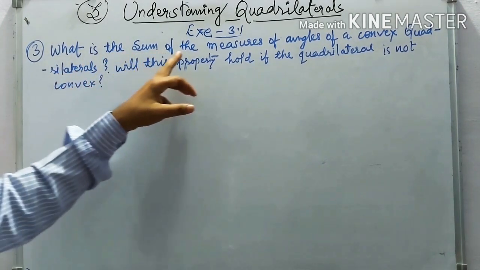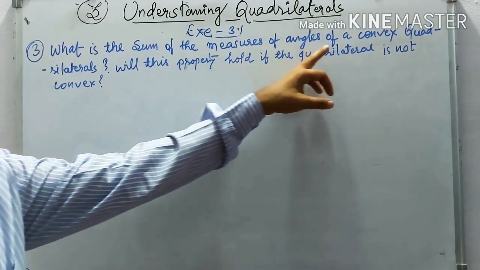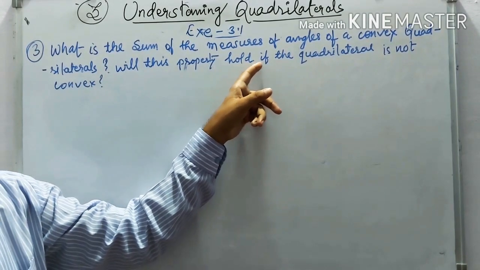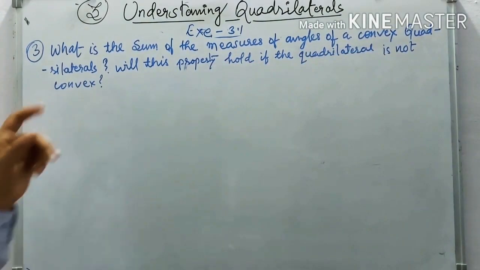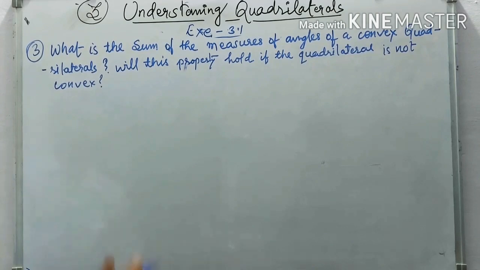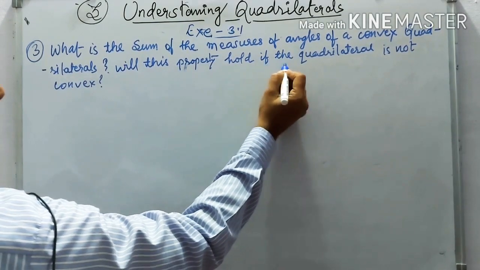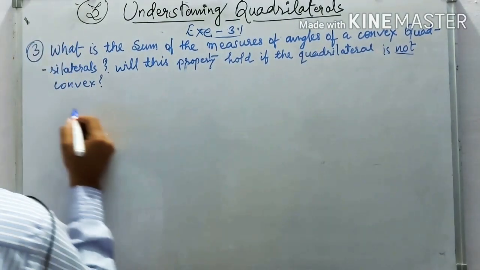What is the sum of the measures of the angles of a convex quadrilateral? Will this property hold in a quadrilateral that is not convex? This is the angle sum property. Will it hold if the quadrilateral is not convex?